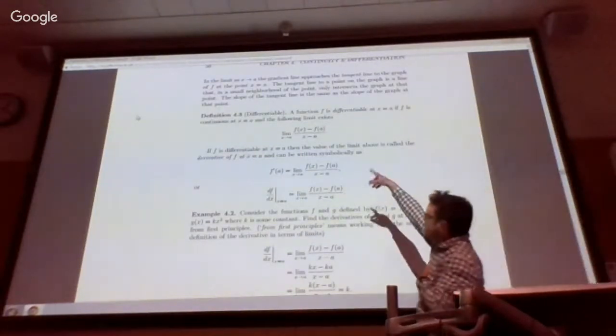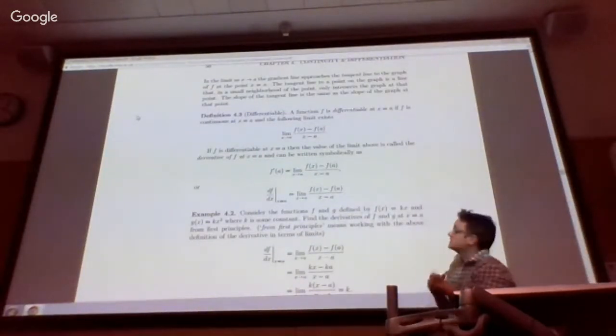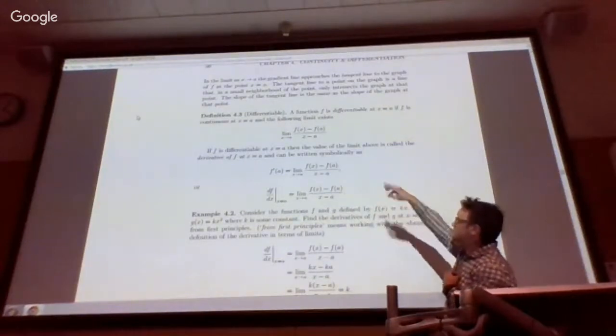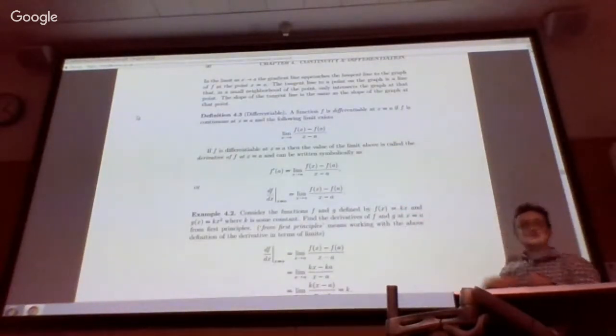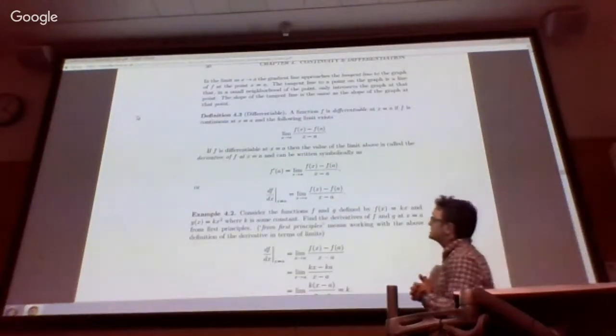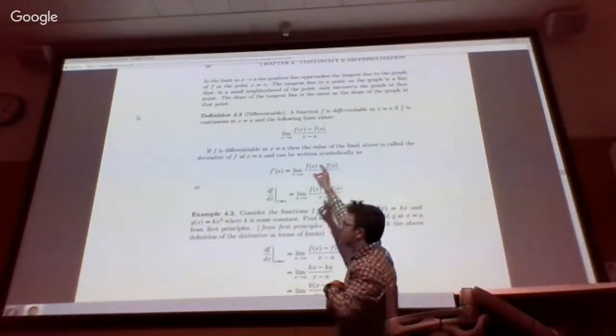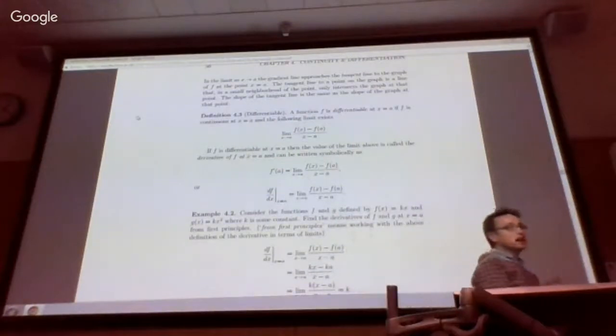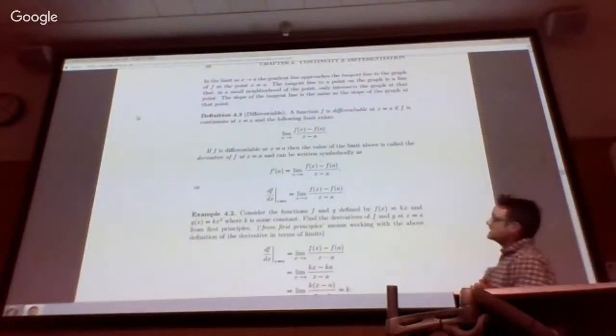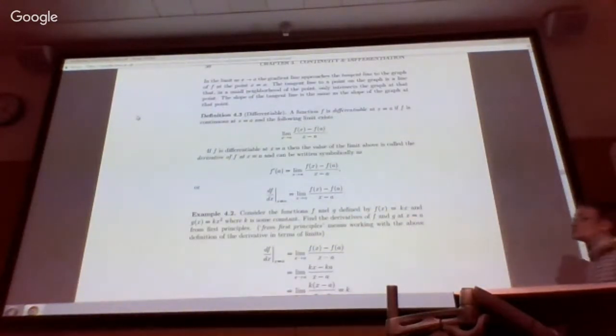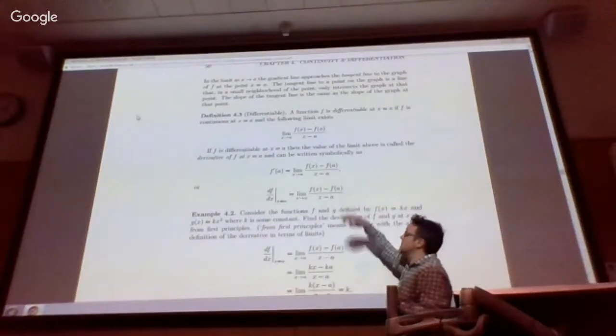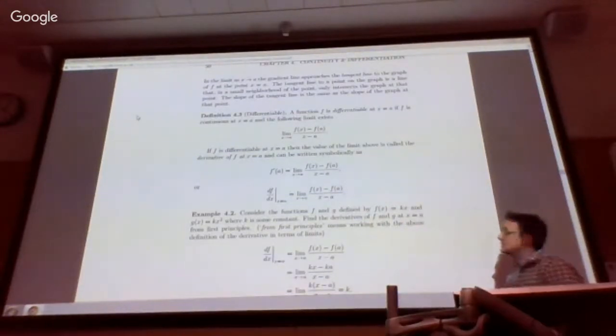We're taking the limit of the relative change in value of the function: the change in value, f of x minus f of a, relative to the change between x and a, the quantity x minus a. That ratio is the gradient of one of those chord lines between the points a and x, and we're taking the limit of it as x approaches a. If that limit exists, then this is what is known as the derivative.